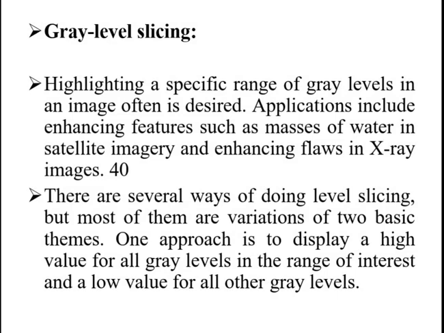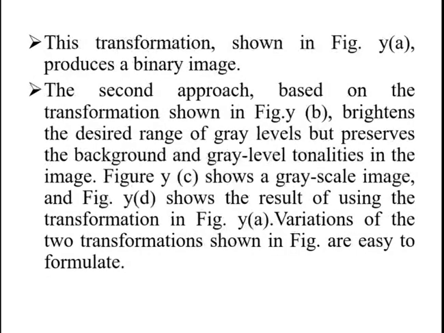One approach is to display high values for all gray levels in the range of interest and low values for all the other gray levels. This transformation, shown in figure (a), produces a binary image.